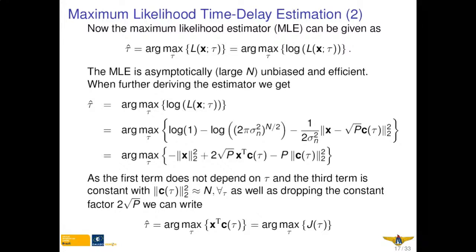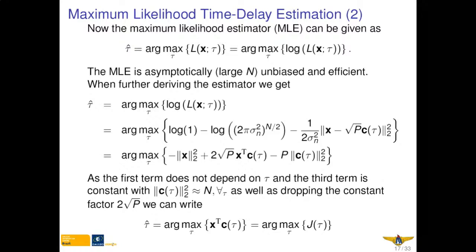As I said already, the first term does not depend on tau, and the third term is constant, with the L2 norm of the vector C of tau approximately equal to N. We can also drop these two factors in front of the second term, 2 and the square root of P. We end up with this maximization.